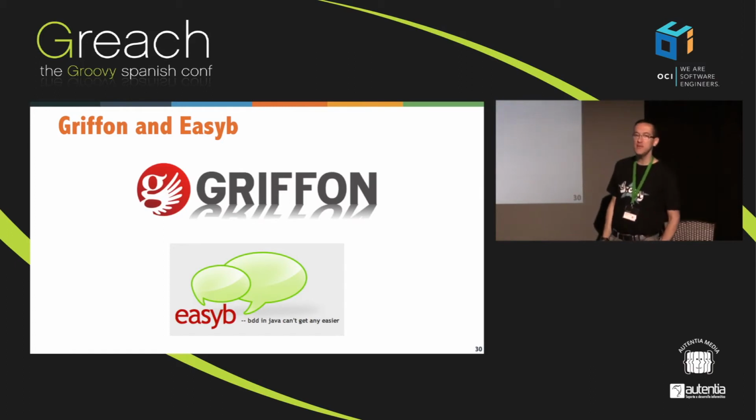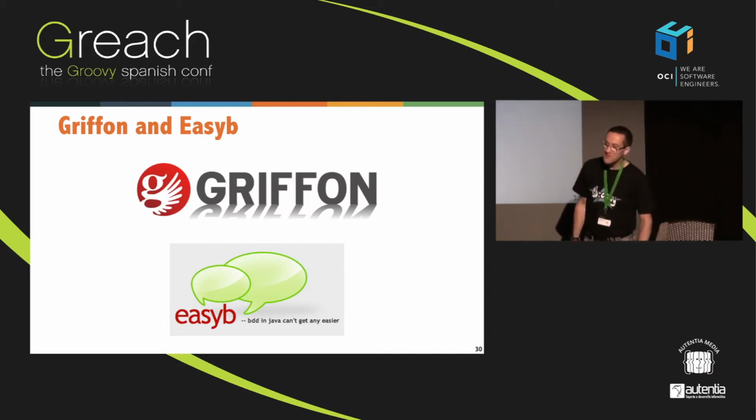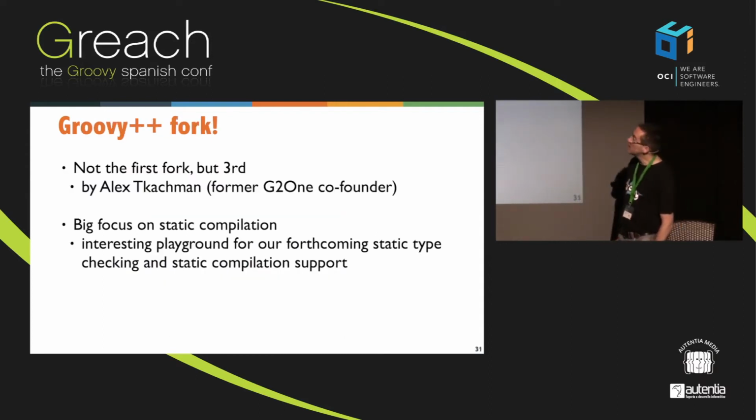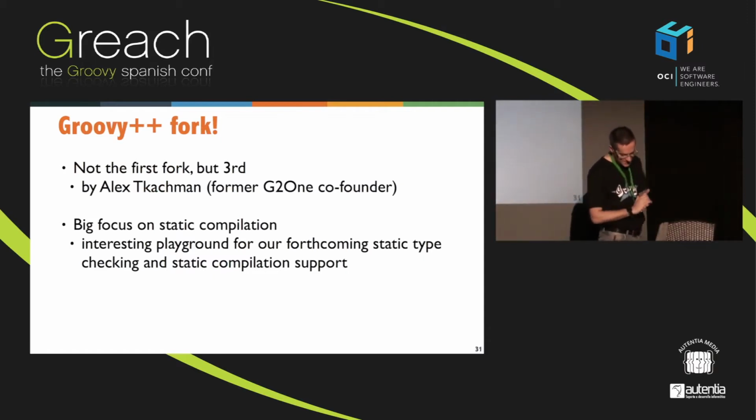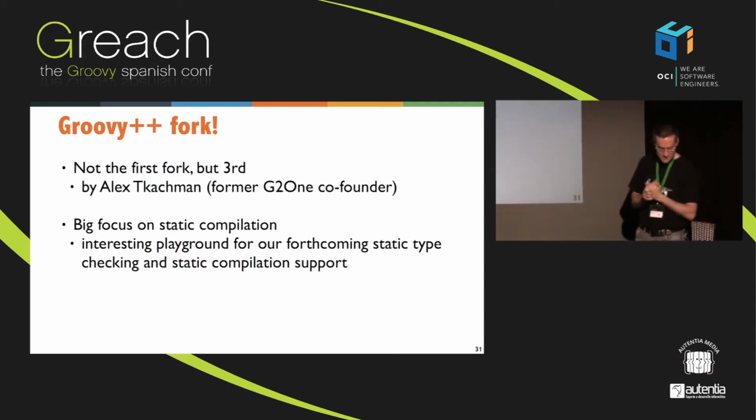Do you remember EasyB? It was a BDD test framework, but it's not remembered very much nowadays. We also had a fork of Groovy, Groovy++, fully statically compiled, by our colleague Alex.